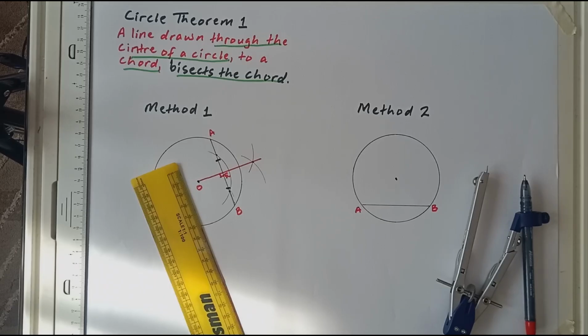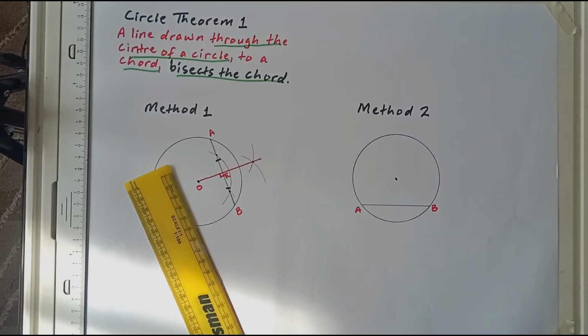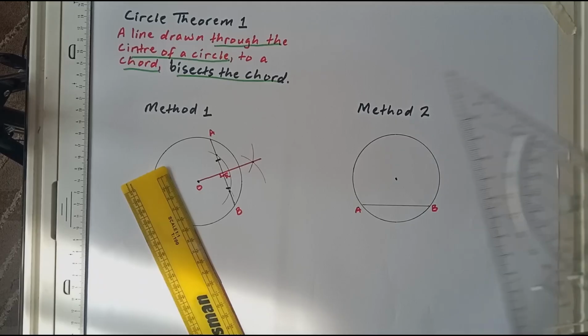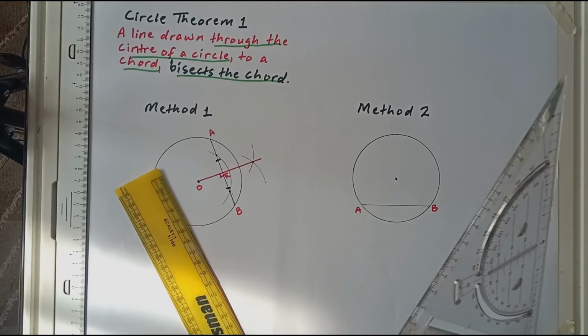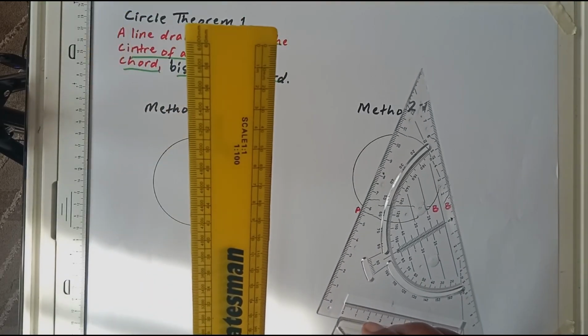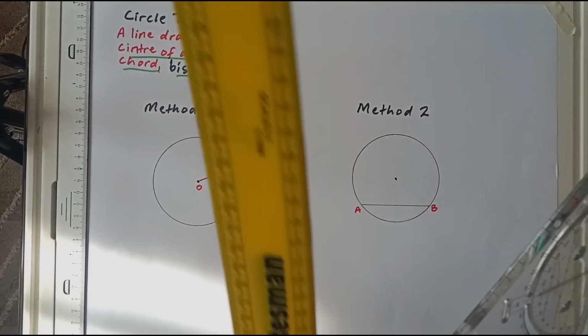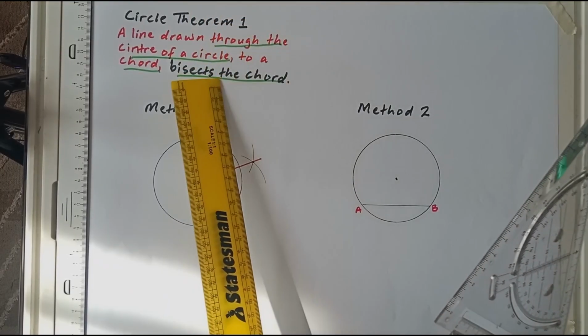To use method 2, we may not use compasses, but we can use two set squares. If I've got a set square and another set square, or we can use a set square and a straight edge like a ruler.